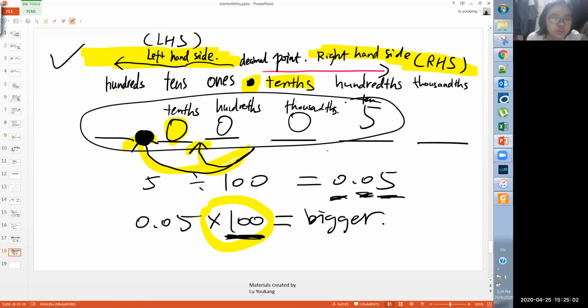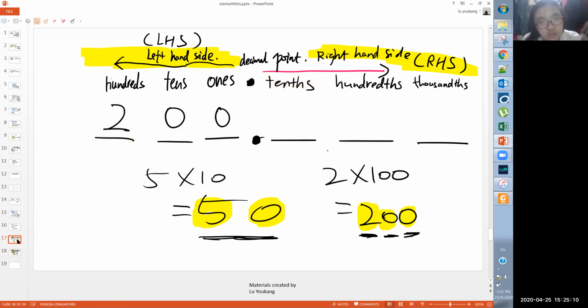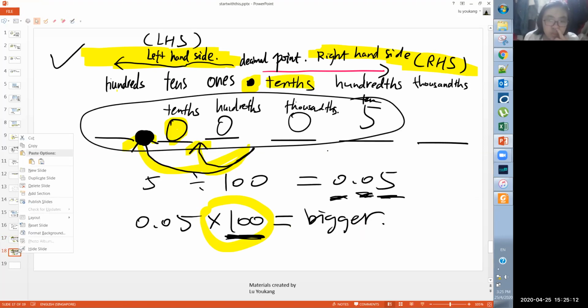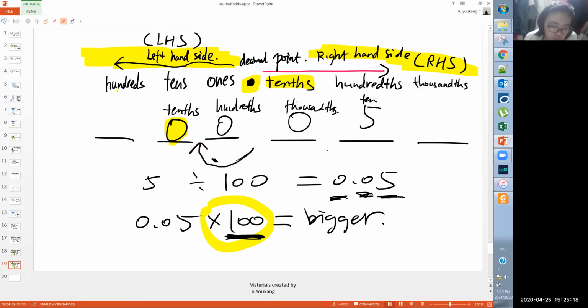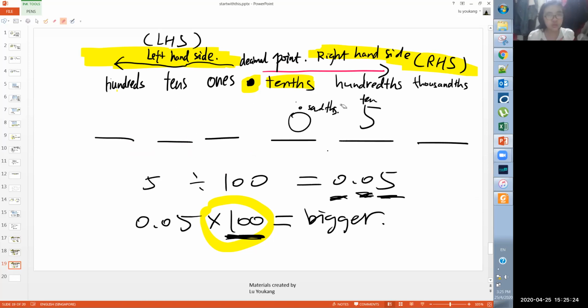So do you realize that this entire thing is getting smaller if you move to the left? So times 100, are you supposed to move to the left? No, because if you move to the left, your answer is getting smaller.